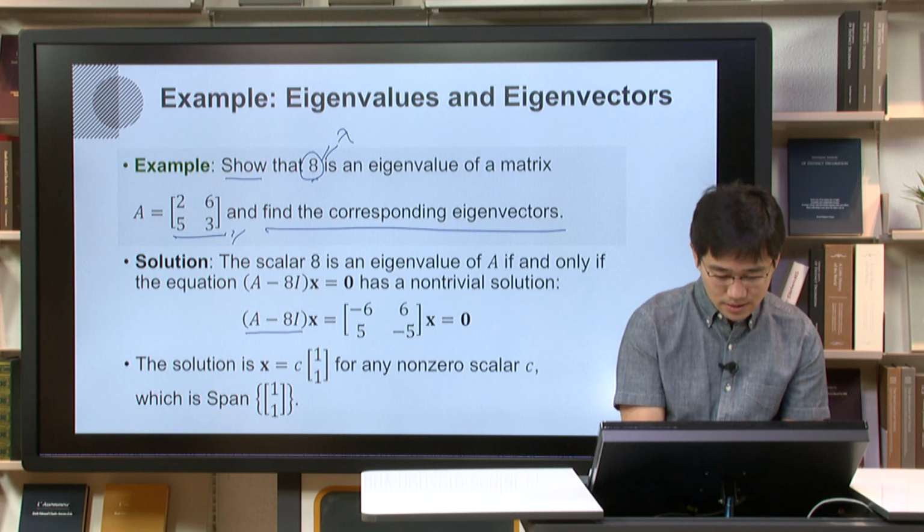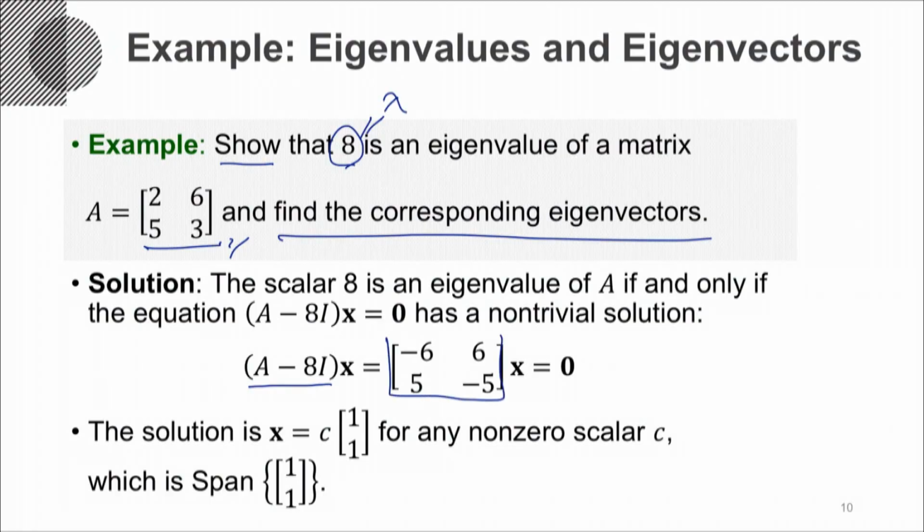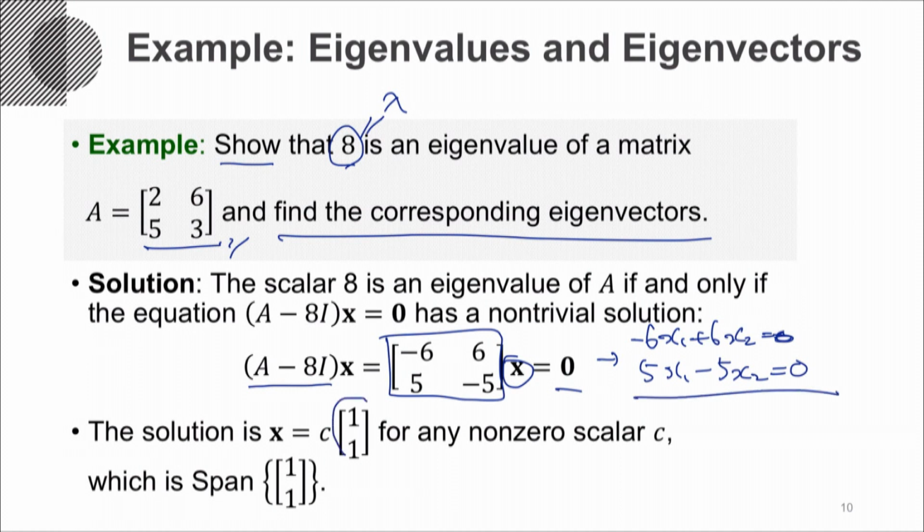Then A minus lambda I is this matrix, times x is 0. So this one is minus 6x1 plus 6x2 is 0, and 5x1 minus 5x2 is also 0. We can easily obtain the solution that satisfies this as the vector (1, 1).